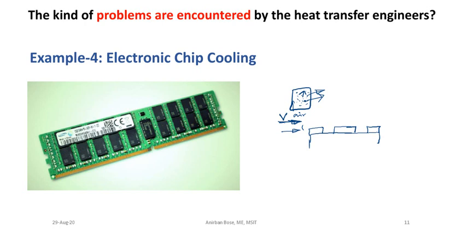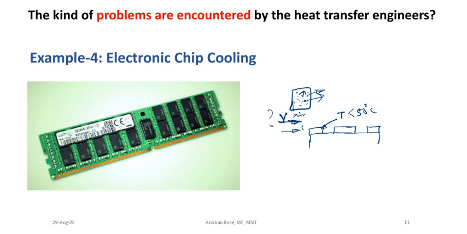So for this kind of a problem, the questions that we can answer, if we understand this convection process very well, then what should be the velocity so that the temperature of the surface should be less than say 50 degrees centigrade. We do not want the surface temperature of the chip more than 50 degrees centigrade. So what should be the velocity that is required? Okay.